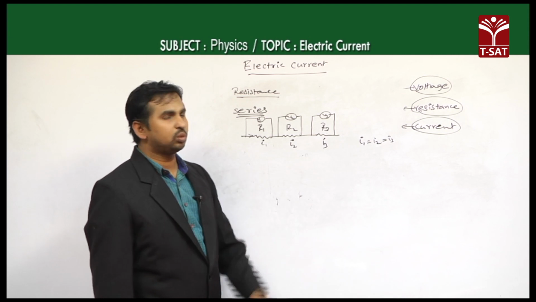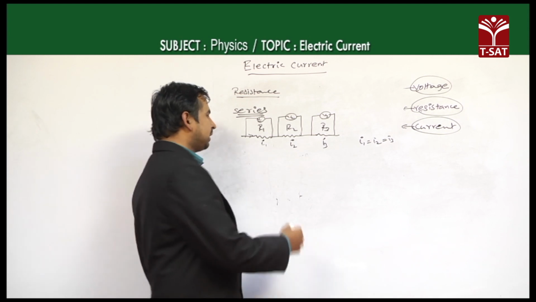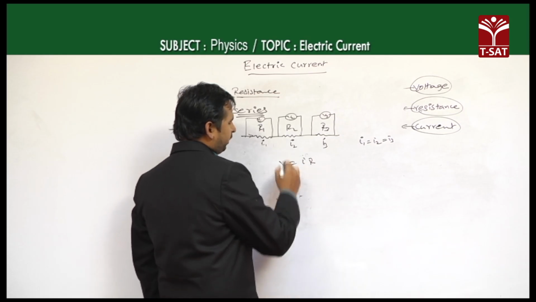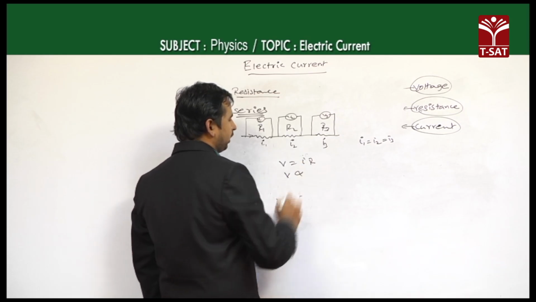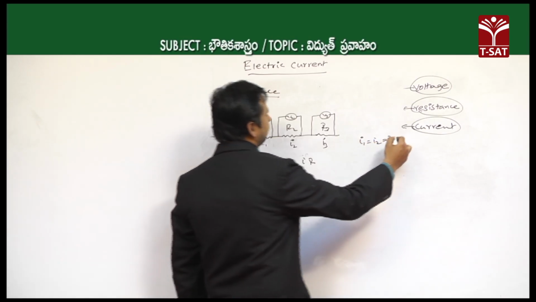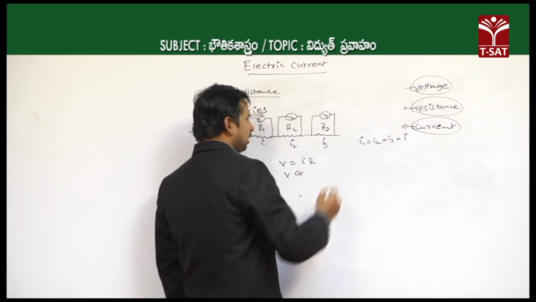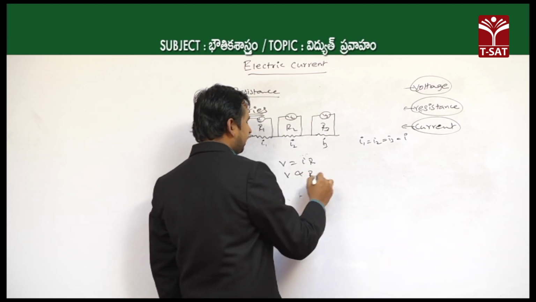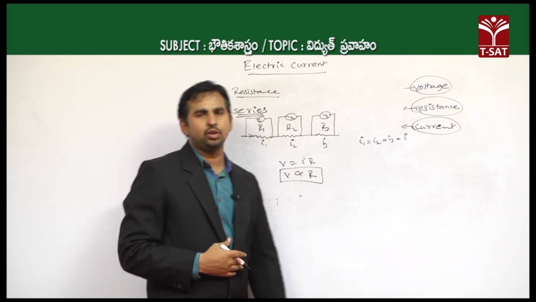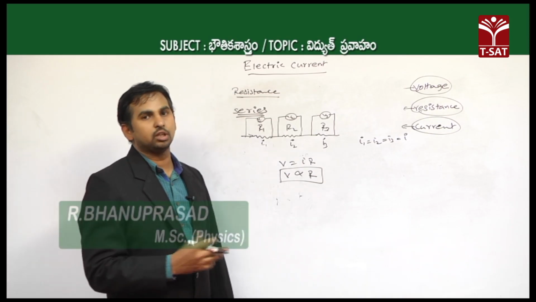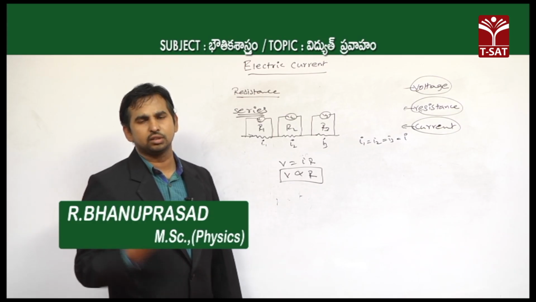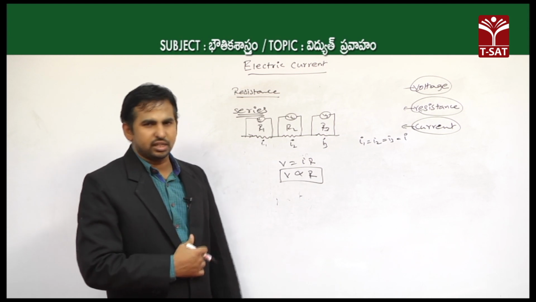And how is the voltage related? We know V is equal to IR, so V is directly proportional to I if the resistance is constant. In this case we take the current as constant, so V is directly proportional to R. This means the more the R value, the more voltage drop is required at that point, so that the same amount of current can pass through all three resistances.